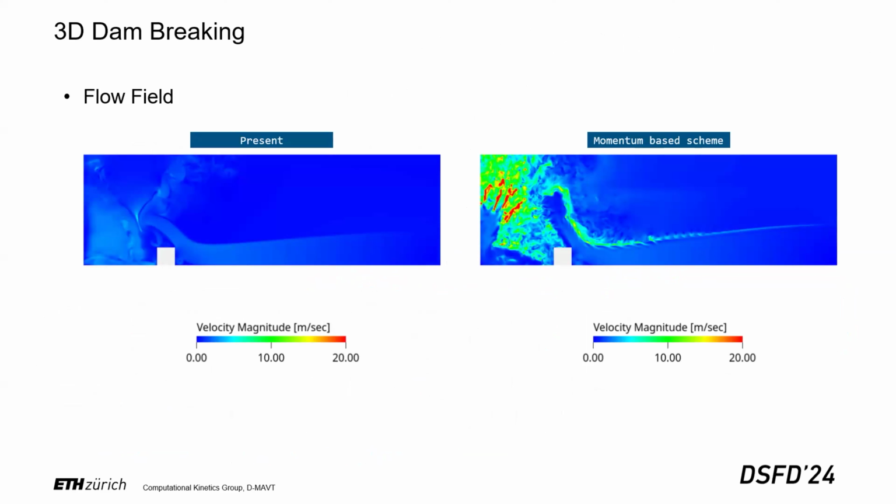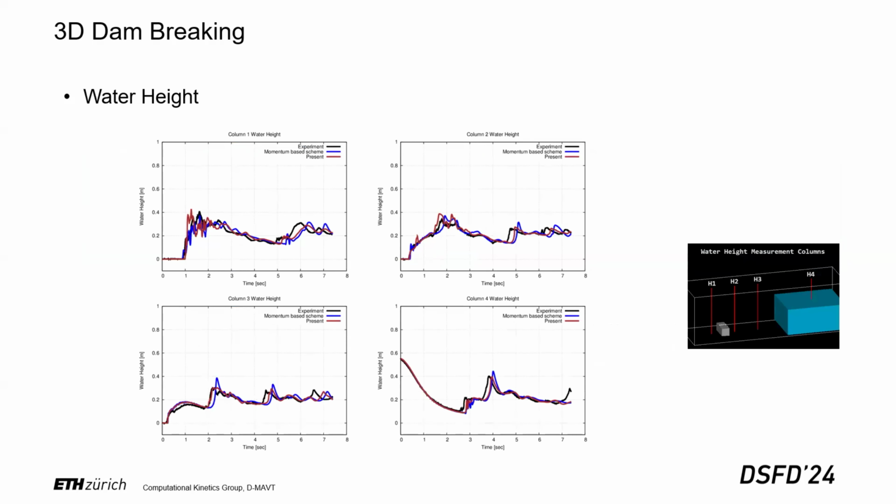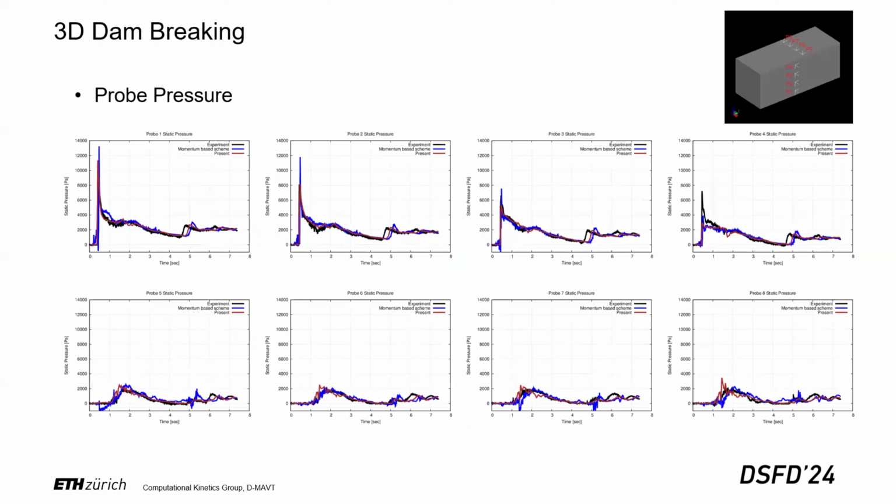Because of the high order term proportional to the density gradient, I think this drives the air, pushing the air more with the water. That's why we may see a more dissipative result with the previous scheme.